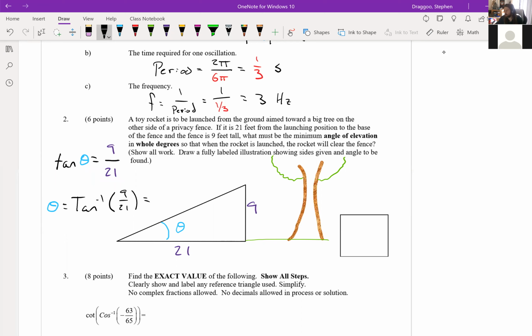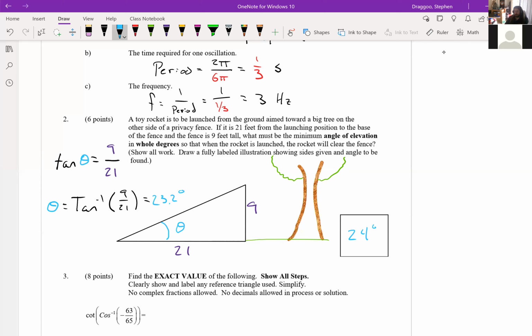Which comes out to a number. Let me go get that real quick. Arctan 3 over 7 in degrees. So 23.2 degrees. And then we want the minimum angle of elevation in whole degrees that gets over, so 24 degrees is going to be our answer.